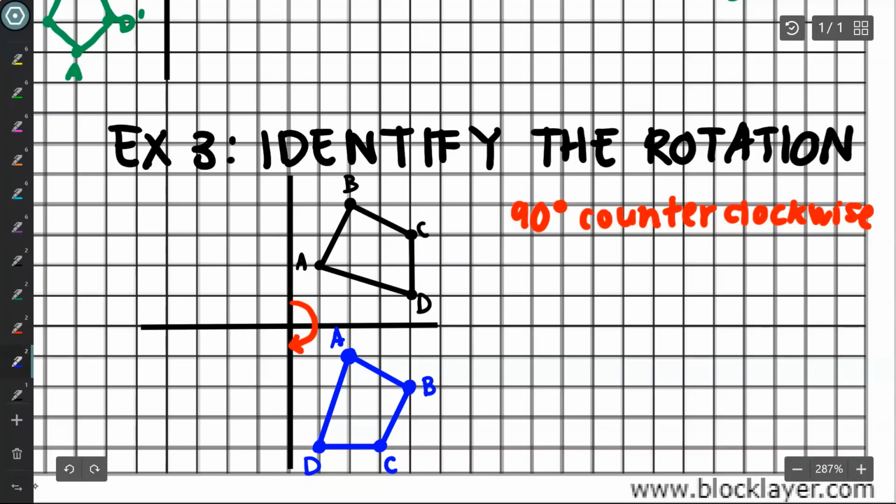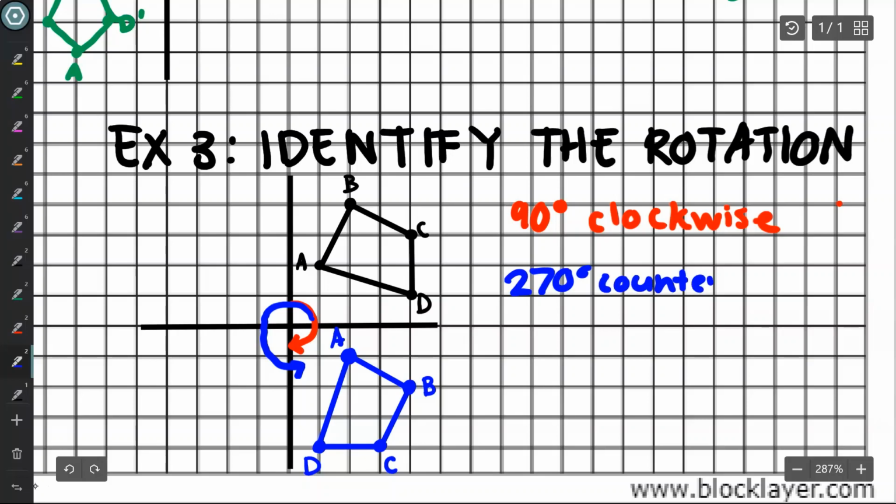But also I could have gone clockwise, sorry, that's clockwise. 90 degrees clockwise. Or I could also have gone 1, 2, 3, 270 degrees counterclockwise. Alright, so both of these are correct. If you have an open-ended, write both, unless it specifically tells you that it is a clockwise or counterclockwise direction that you're moving in.